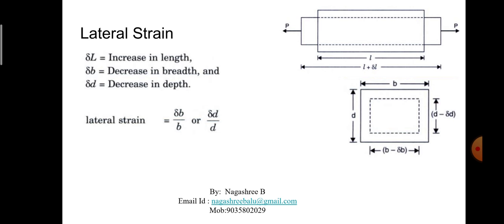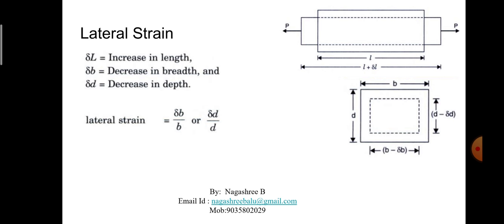L is the initial length of the object and L plus delta L is the final length of the object. As and when the load is applied along the length, you can expect an increase in the length along the direction of the load applied, and simultaneously there will be a decrease in the dimension perpendicular to the direction of the load applied.